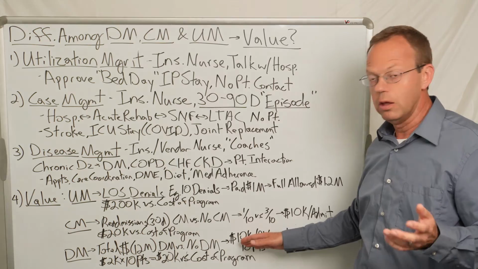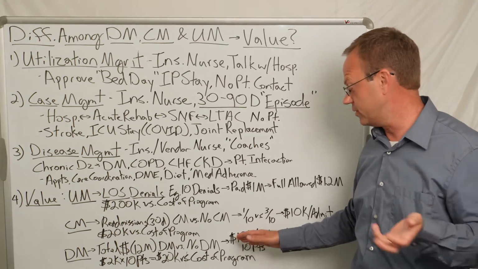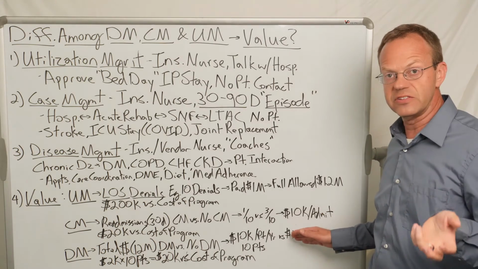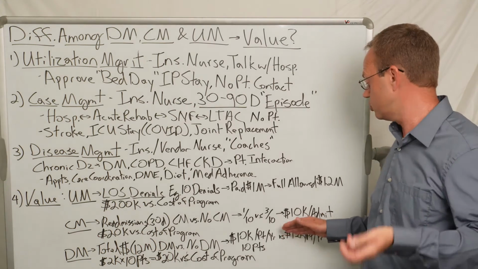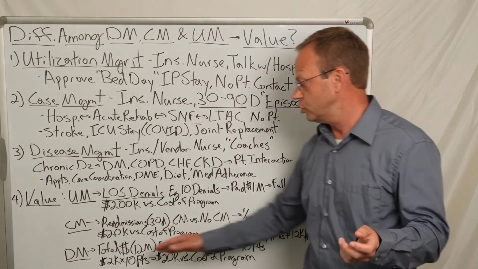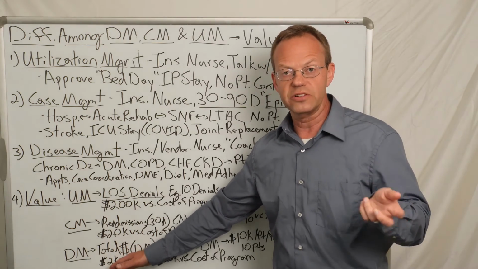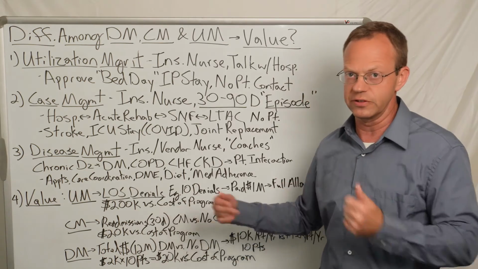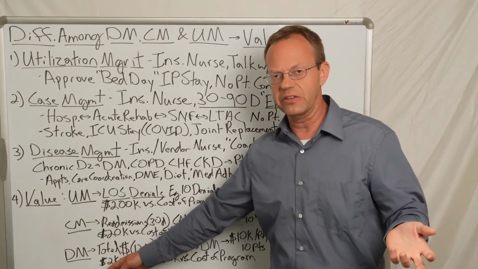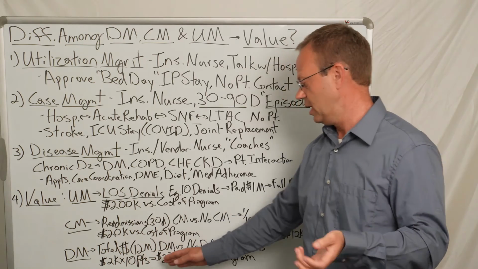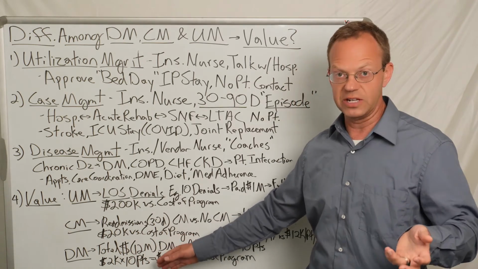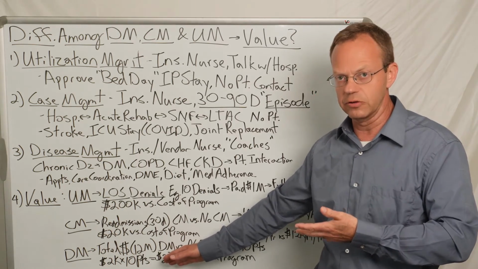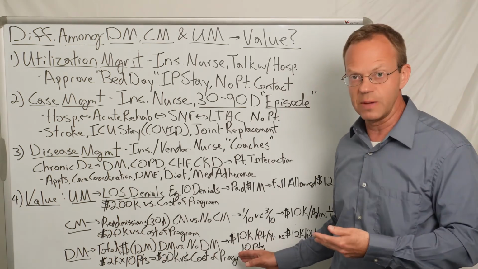Say for the people where disease management was involved, their costs were only $10,000 per patient per year, and for the people where it was not involved, it was $12,000 per patient per year. So you essentially saved $2,000 per patient per year. Let's say there were 10 patients involved in your disease management program. You would take the $2,000 times the 10 patients, and we saved $20,000 in this case for a year. Then the question is, was the $20,000 more or less than the cost of the disease management program?